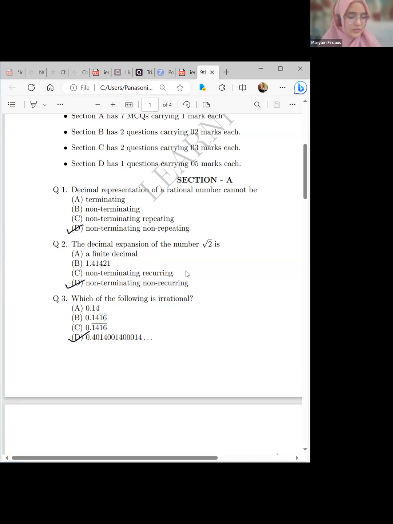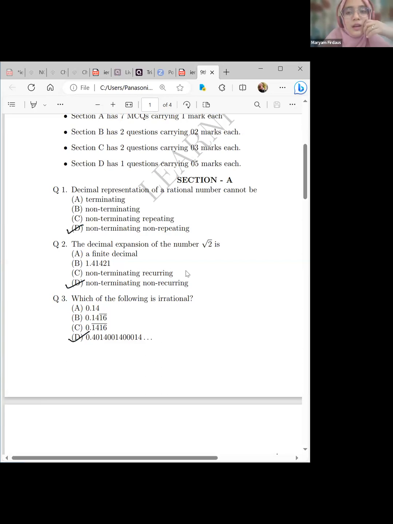This one, both Avni and Abdul Jabbar were there in the test. This one you both did correctly. The second one you both did wrong. The decimal expansion of the number √2 is what? One of you has written the option as A and one of you has written the option as B. Are you understanding where you went wrong?